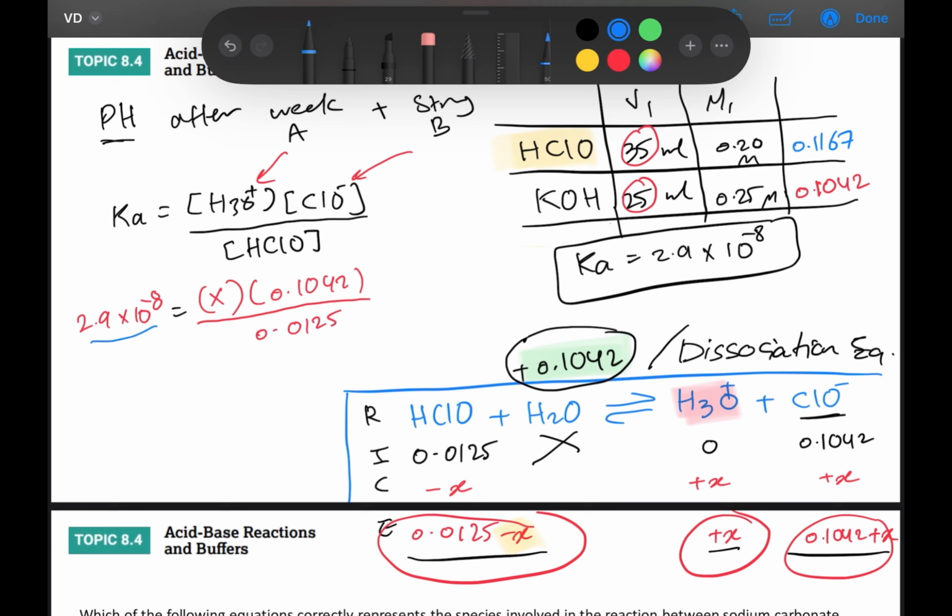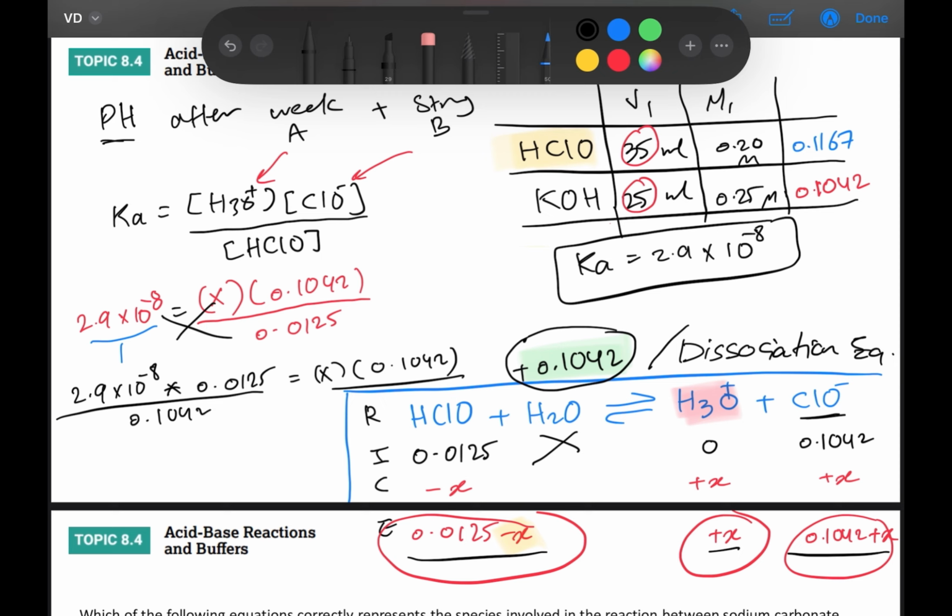If you make a cross multiplication, you get 2.9 times 10 to the power negative 8 multiplied by 0.0125 equals x multiplied by 0.1042. If we divide both sides by 0.1042, then the value of x, the H3O plus, is equal to 3.48 times 10 to the power negative 9.